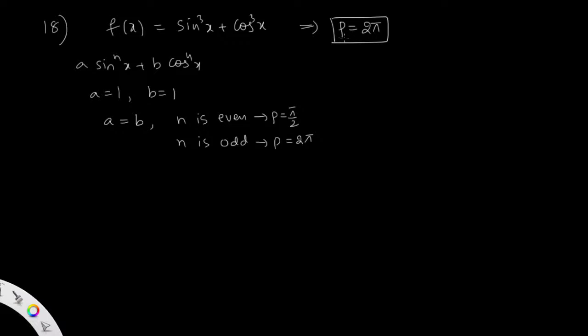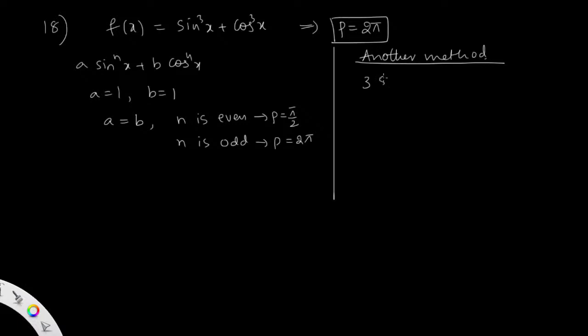Or else, if you are not getting the formula, I will do another method also. As you are convenient, you can do either, nothing to worry. Both answers will be the same. Sin cube x comes from sin 3a. The sin 3a formula is 3 sin a minus 4 sin cube a.